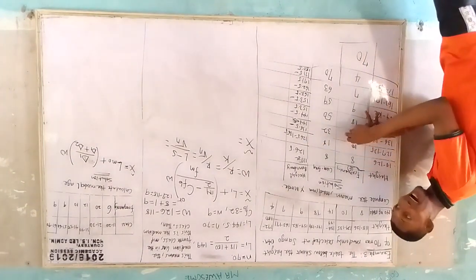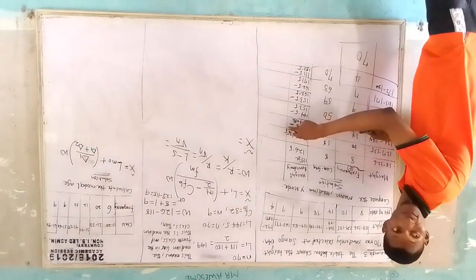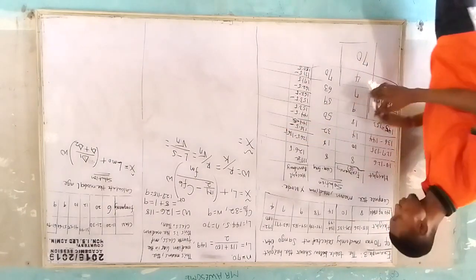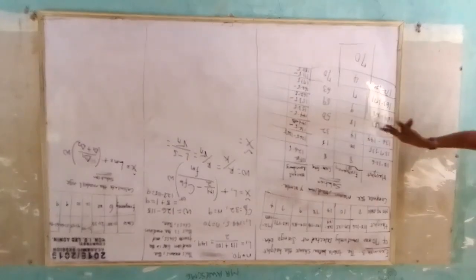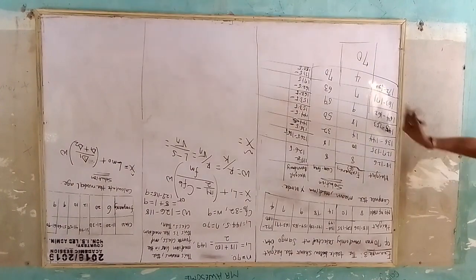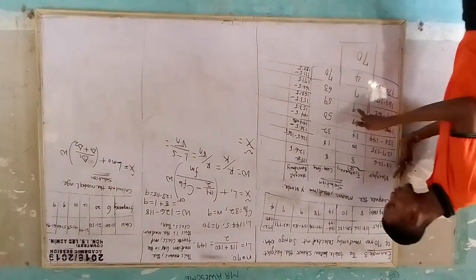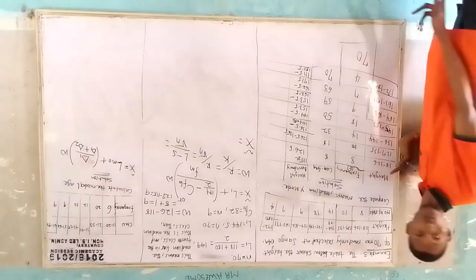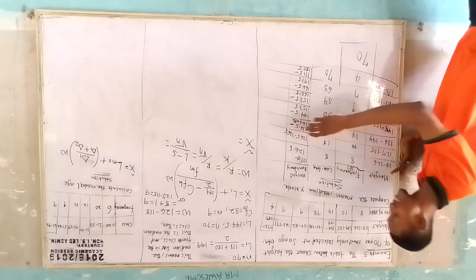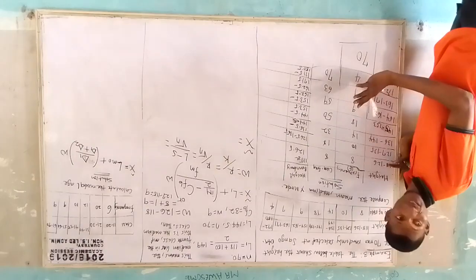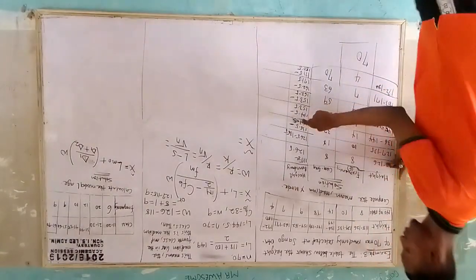You understand? So in this case, this is the median class, and the lower class boundary is 144.5. But you can still even take the lower class boundary as 144.5 here too. You understand what I'm saying? They share the same bound. So you have 144.5.